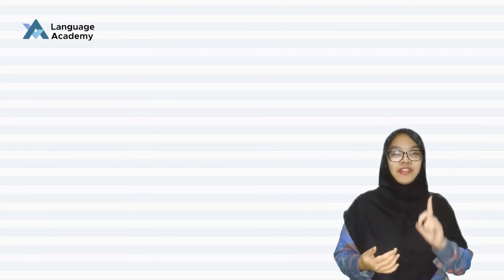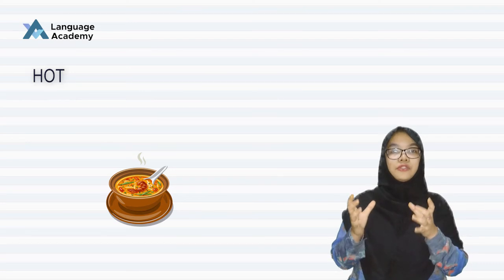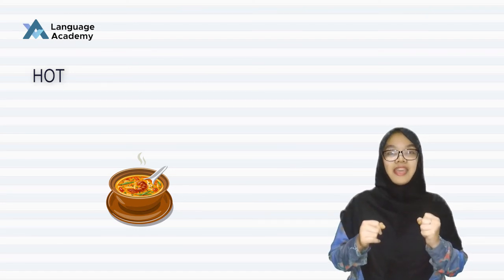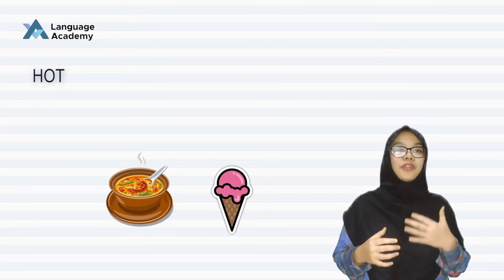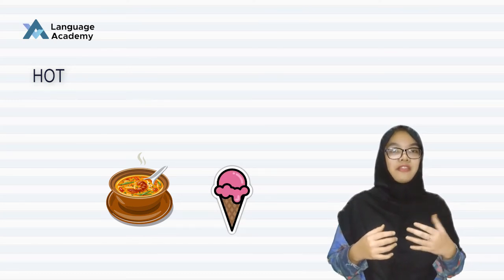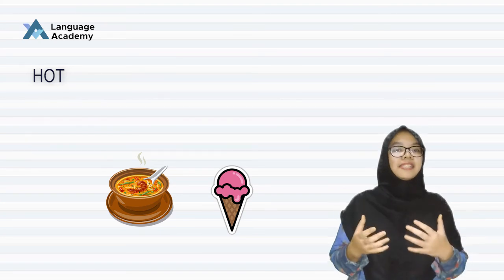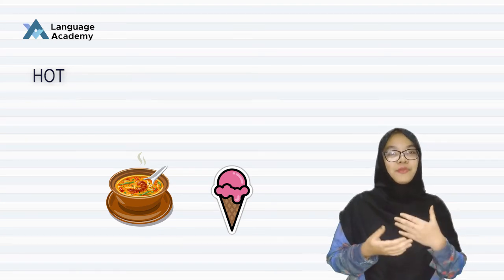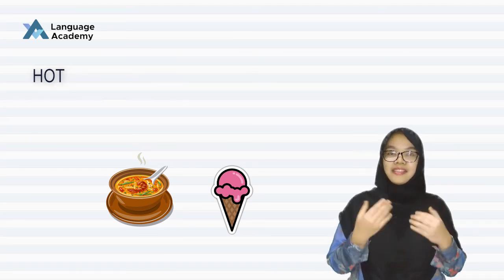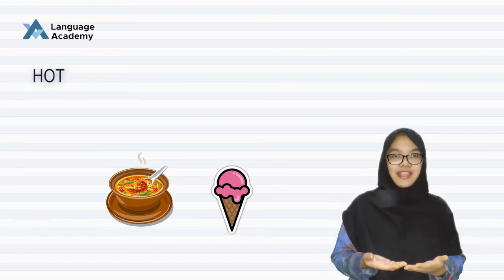Okay, so for the first question, as you can see, there's a picture of a soup and a picture of an ice cream. And the word that we're going to use here is hot. So, bagaimana cara membandingkan kedua objek tersebut menggunakan kata hot? So, how do you say the sentence?